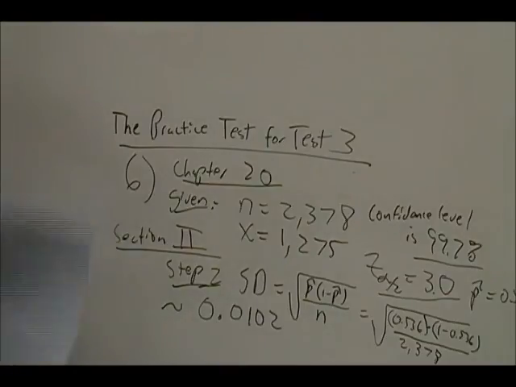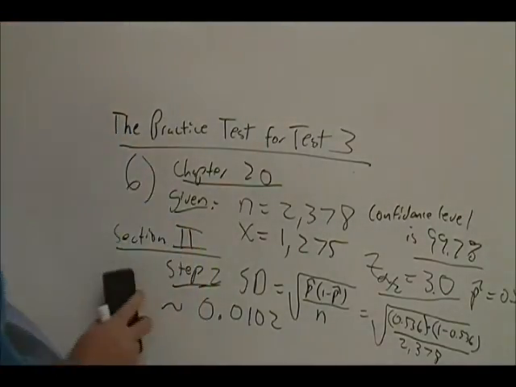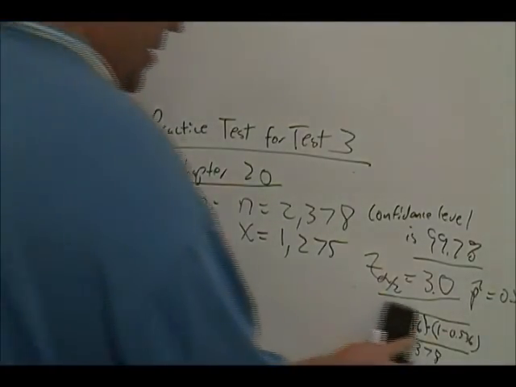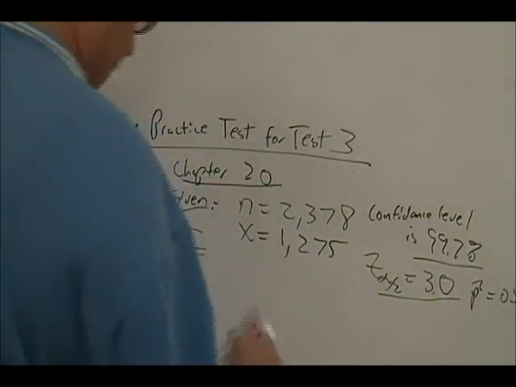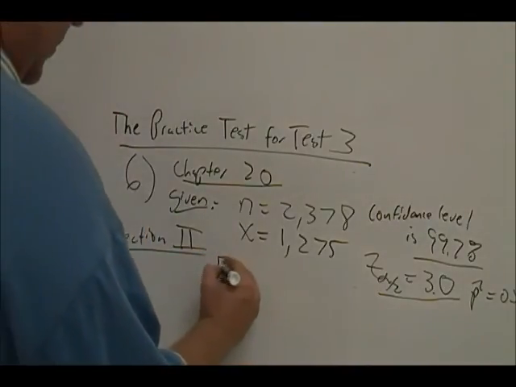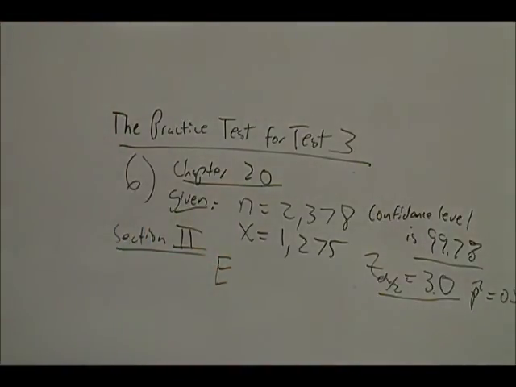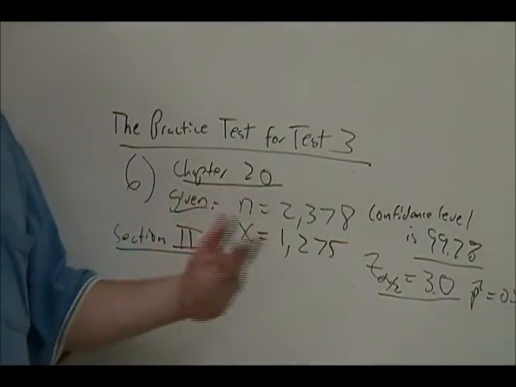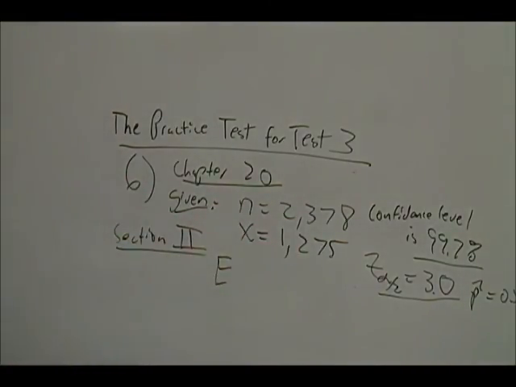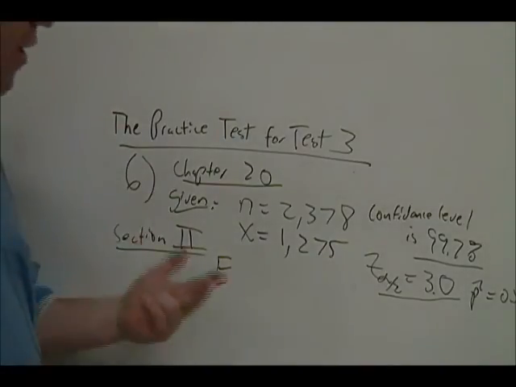Now, moving on to step 3, we're going to actually calculate the margin of error for this inferential study. Since we only surveyed a sample of voters from the entire population of voters, our sample proportion is only an estimate for the actual percentage of all voters.